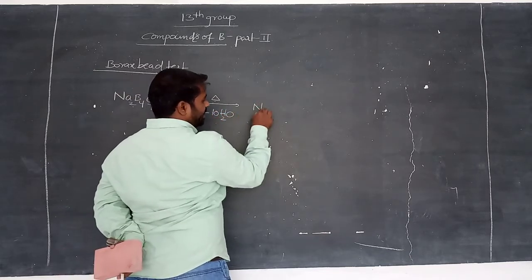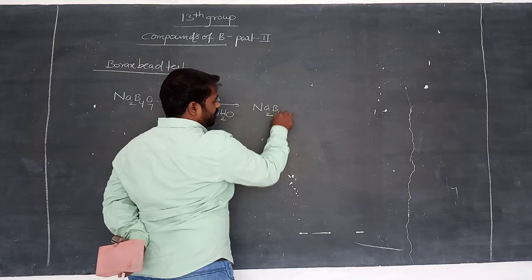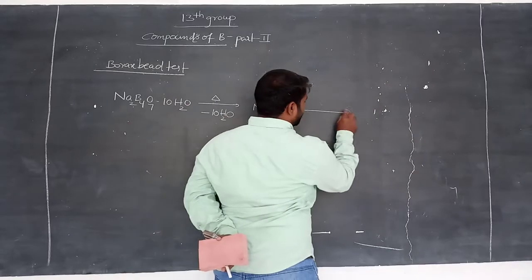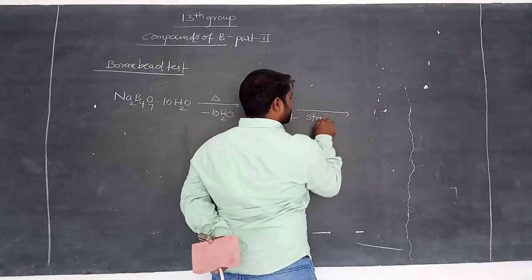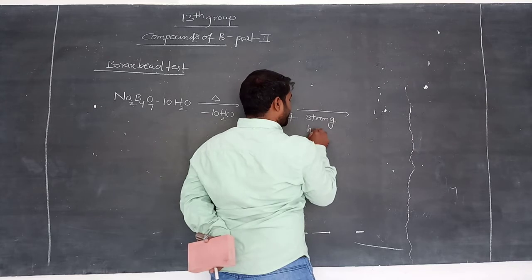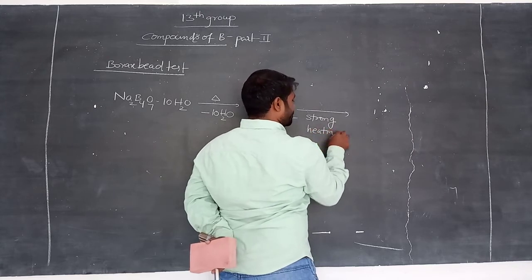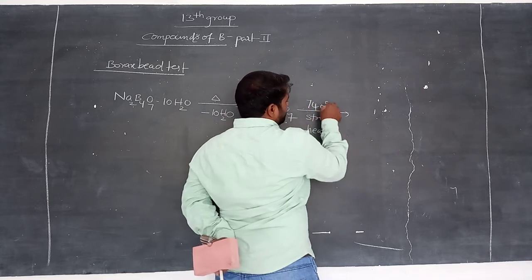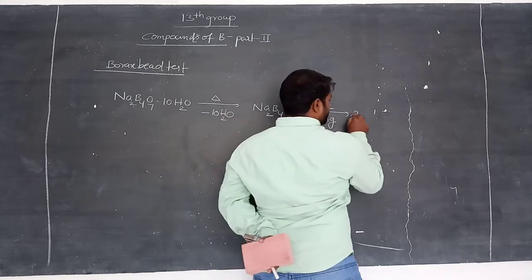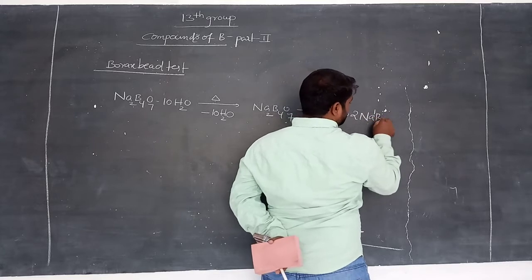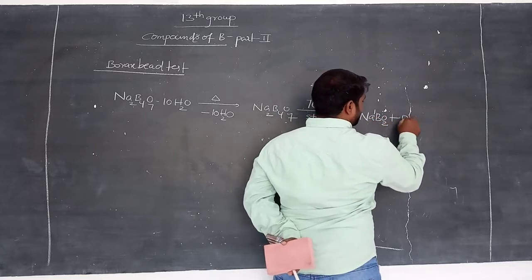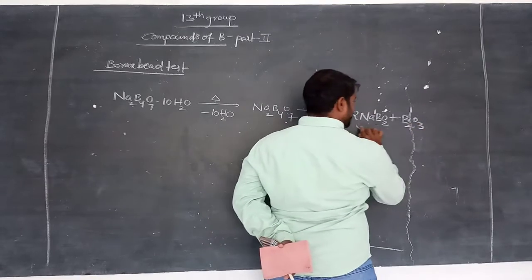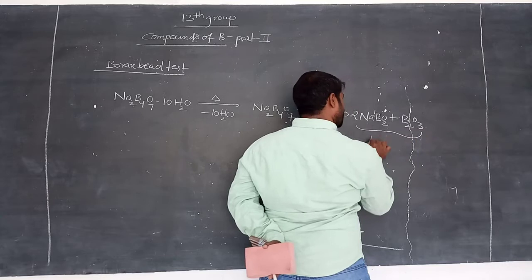Then we get Na2B4O7. Okay, it is strong heating. At 740 degrees Celsius it produces sodium metaborate and boric anhydride. Am I right? Boric anhydride. So this mixture is called borax glass.